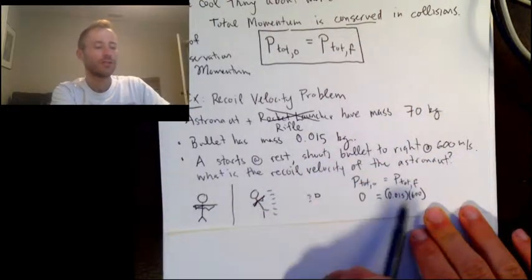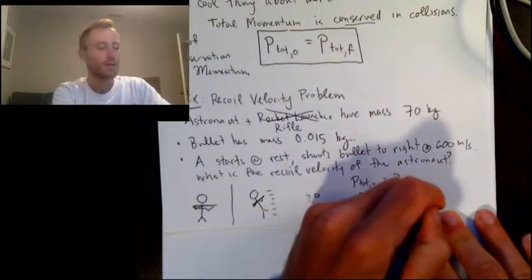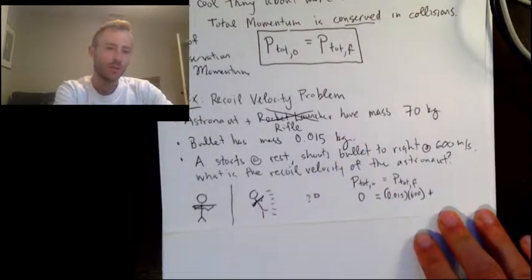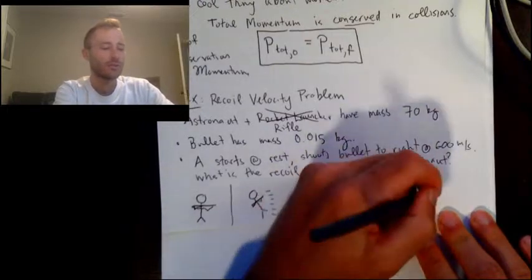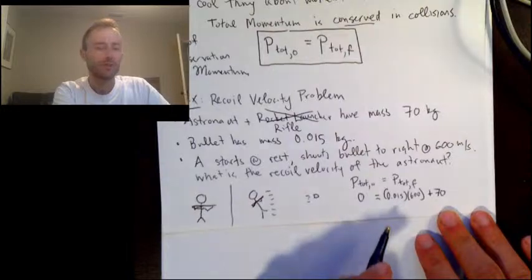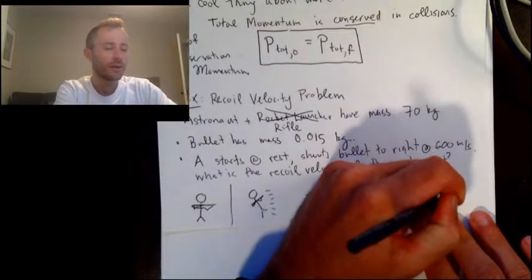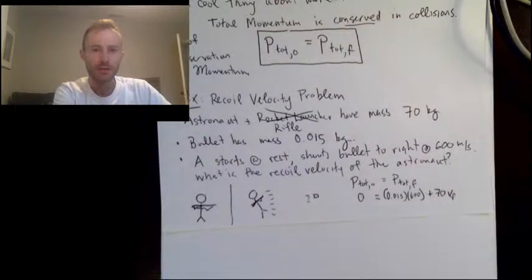So this is the term for the total momentum that comes from the bullet. We also have the momentum of the recoiling astronaut and rifle, which I said has a mass of 70 kilograms. And it has a certain unknown final velocity.